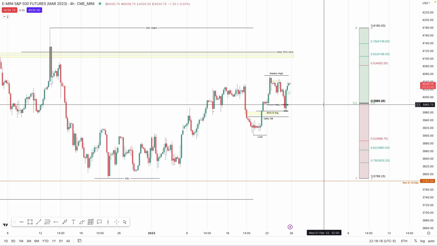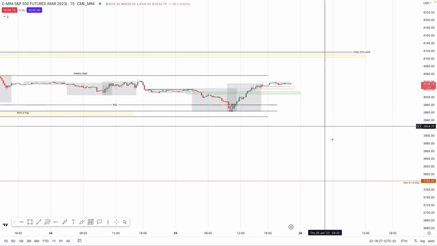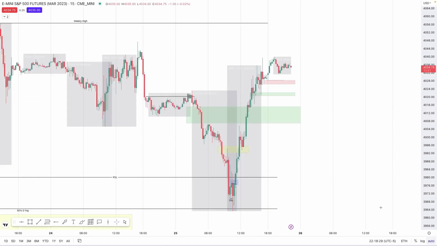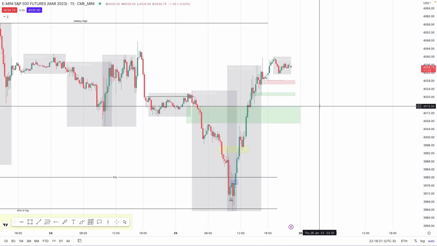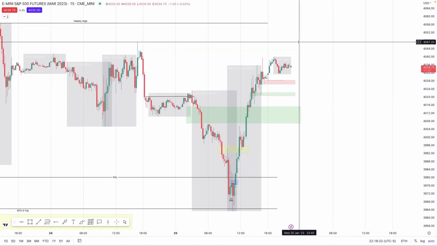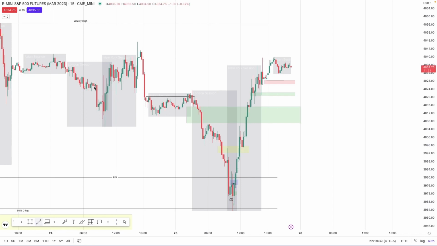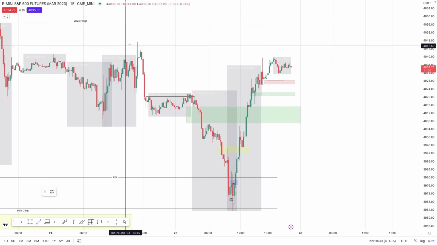Okay, so we're going to drop down into the lower time frames. Go to the 15-minute chart. So here we go. I'm going to mark this out. Here's our buy side liquidity.